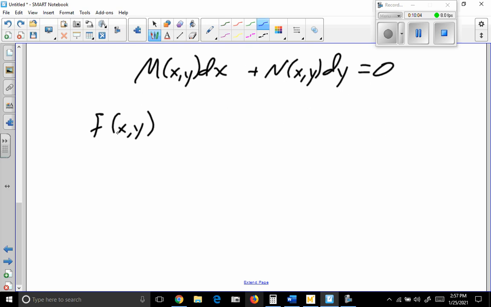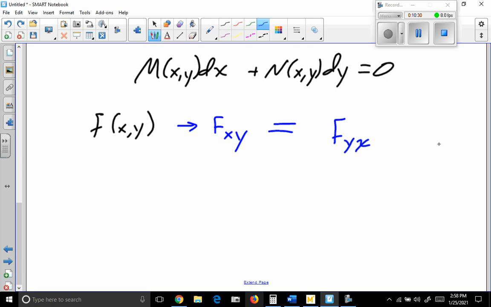If we are to take the function f and differentiate it, if we take the partial with respect to x and then the partial with respect to y, that's similar to a second derivative. Then we could also take the partial with respect to y first and then the partial with respect to x. And for a given function, those produce the same result.